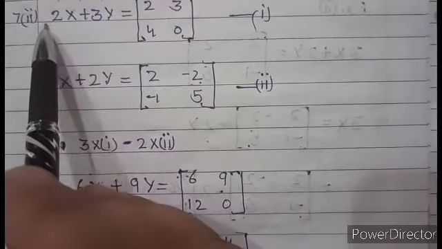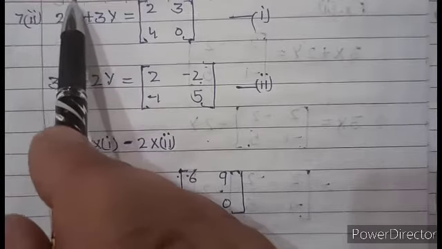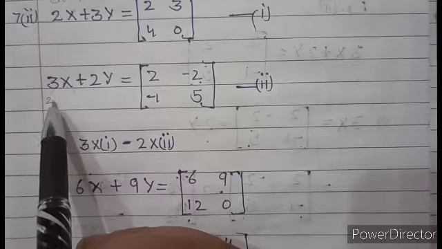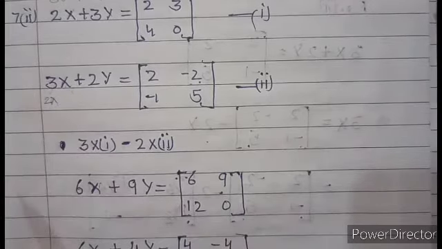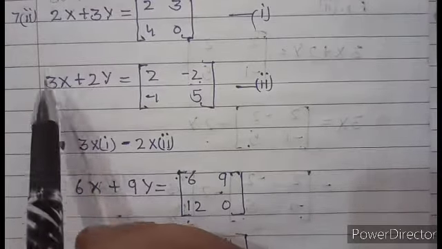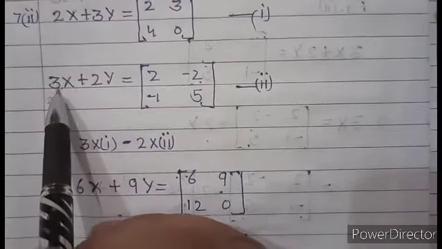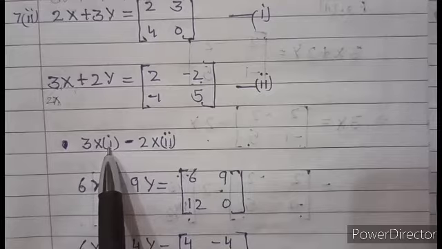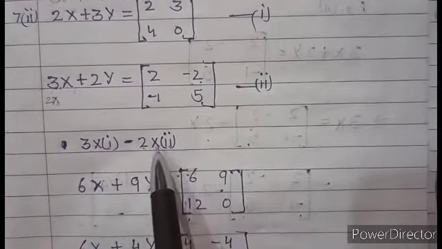We will get 6 on multiplying 3 to the first equation and 6 on multiplying 2 to the second equation, and then after subtracting, x will be eliminated. That means we have to multiply 3 to the first equation and 2 to the second equation, and on subtracting this will eliminate 6x.